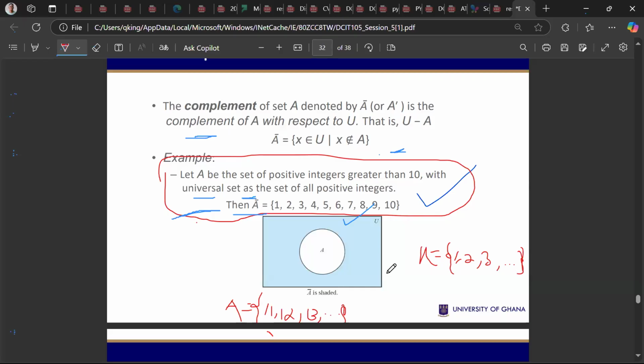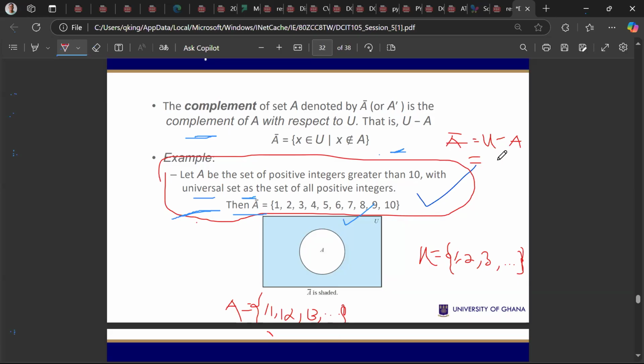So now to find the complement of A, like I said, it is the universal set minus the set in question, which is A. In subtracting all the elements of set A from the universal set, you see, the universal set begins from 1, 2, 3, and upwards to infinity, and then the set A consists of elements that begin from 11, 12, from 11 upwards.